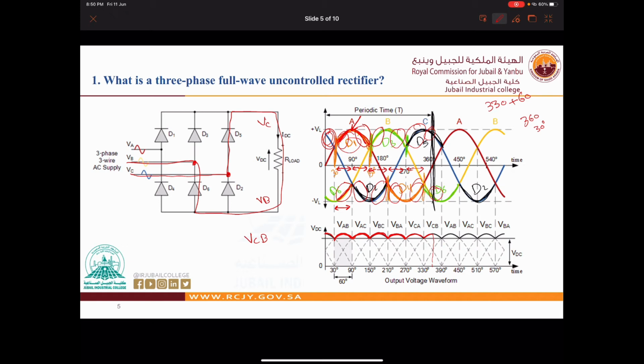Okay, and the completion of this part is the beginning of our waveform. So if I write the numbers of the diodes, in VAB we have diodes 6 and 1. Here we have 1 and 2.